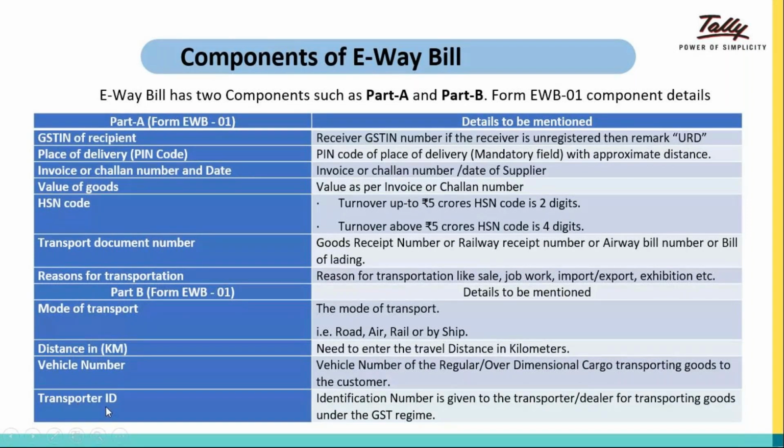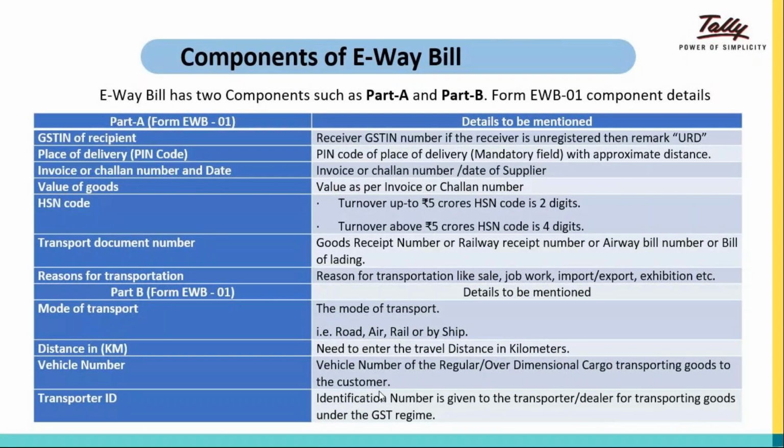And then you have transporter ID. Transporter ID should be the GST registration number of the company that is transporting the goods. Suppose you want to transport your goods from one place to another, let us say to Chennai.